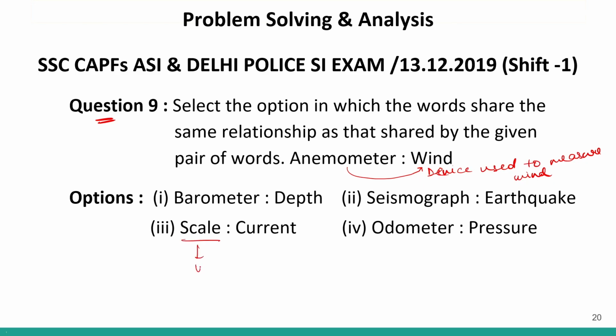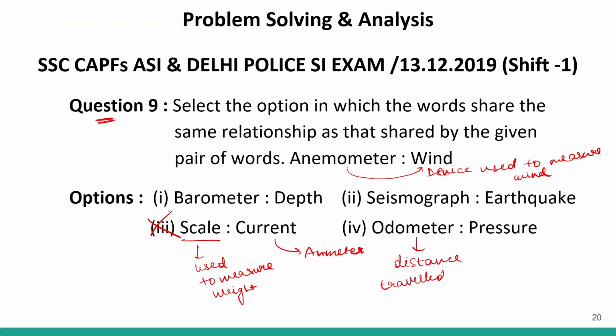Scale is a device used to measure weight. Correct? Which device measures current? Ammeter. So this is wrong. Then next thing, odometer. Odometer is a device used to measure distance traveled by vehicles. You have an odometer installed in your car as well.